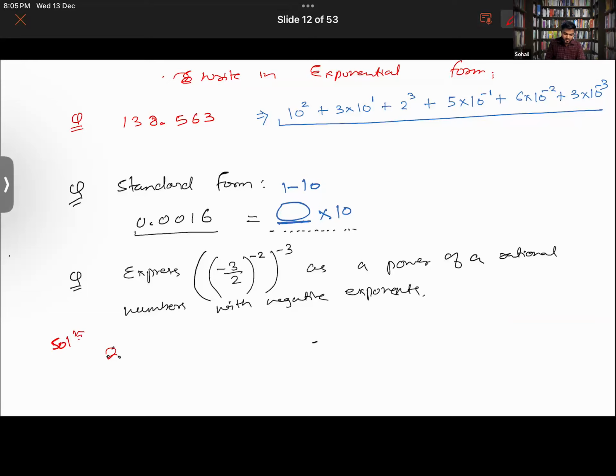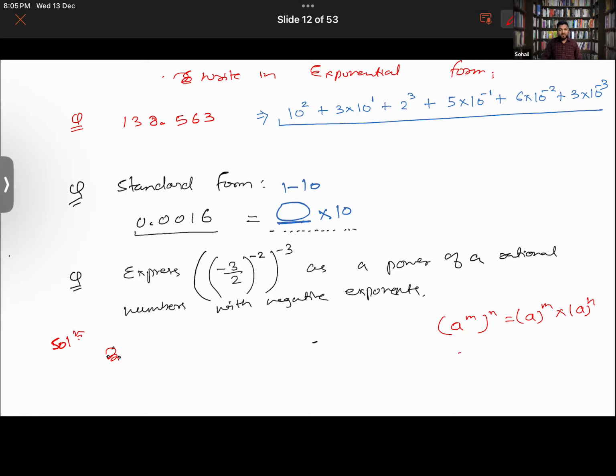So can you give more questions? हाँ, sure, I will be giving more questions also. यहाँ पर हमने कौन सा law use करना है? A raised to the power m into n, right? Yes, sir. Right now, so you can write it separately as well. ठीक है ना? Okay. One more law will be used here.